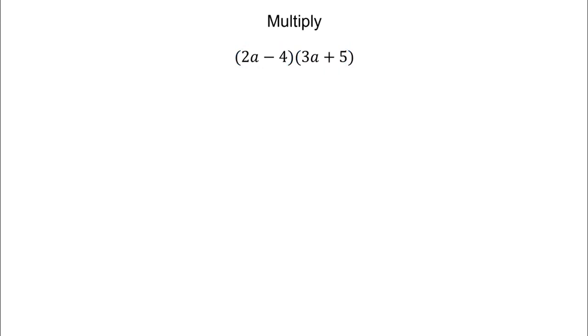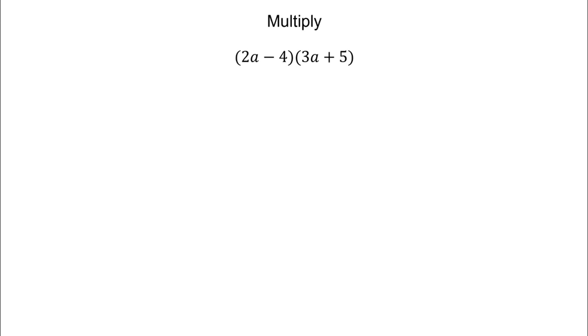Anytime we multiply a binomial times a binomial, it's what I call a double distribution type situation. We used distribution when we multiplied a monomial by a polynomial. And in this case, we're going to use, again, what I call double distribution to multiply a binomial times a binomial. So what do I mean when I say double distribution?